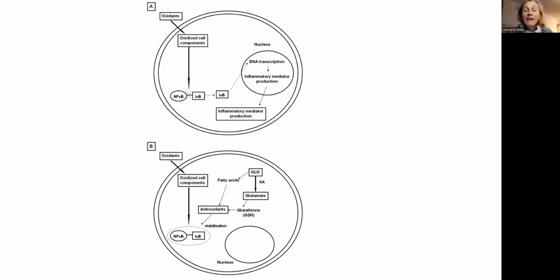For that, within every single cell, we have glutathione, which is formed out of L-glutamine through glutamate. As an antioxidant, what it does is stabilize that nuclear factor, preventing it from going and activating inflammatory mediator production.